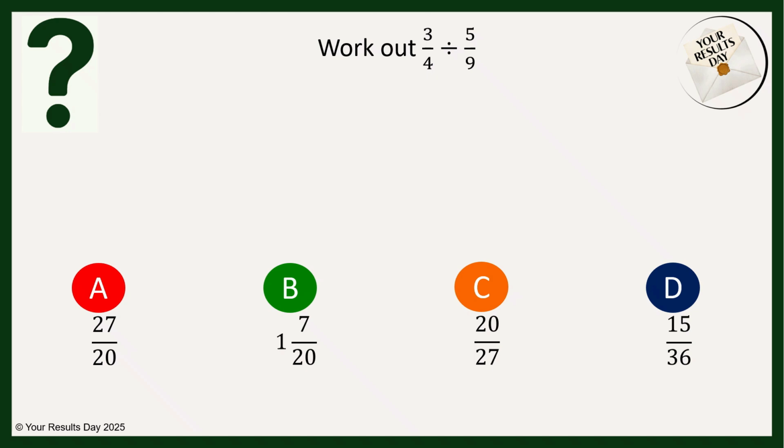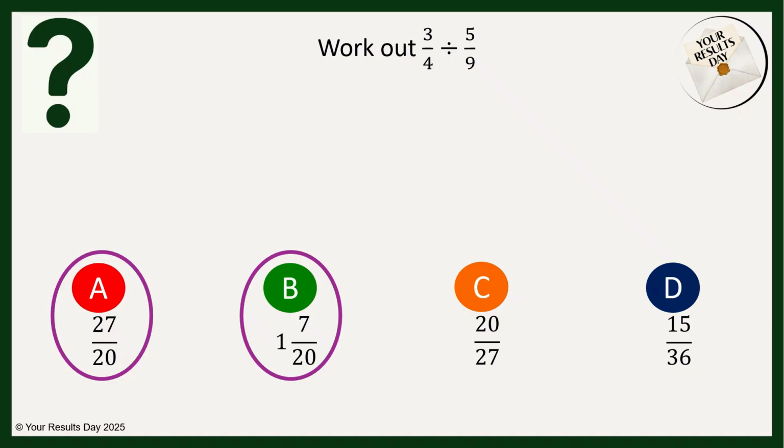If you said A for this one, that would be correct. And if you converted it to a mixed number, then B was correct. So you can have either of those two answers.